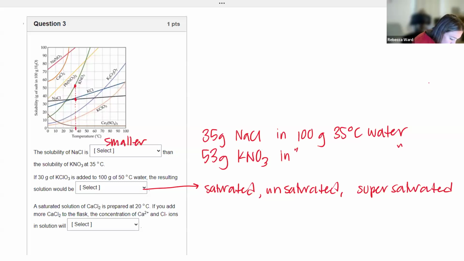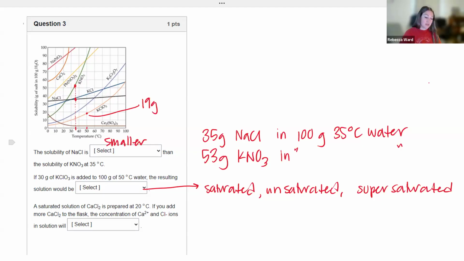Okay, so again, simple graph reading. We've got to find 50 degrees Celsius and we need to find our KClO3 line. So there's 50. Here is our KClO3 right there. That to me looks like 19 or so grams.